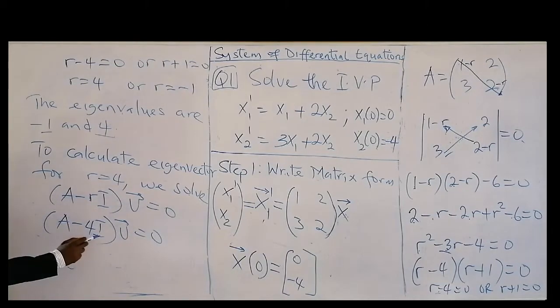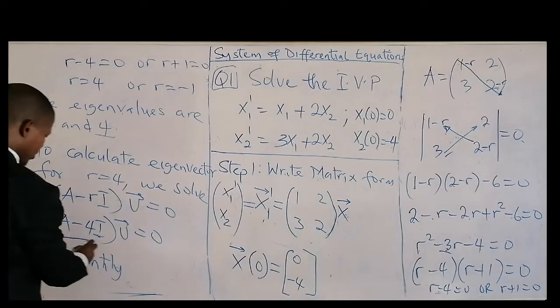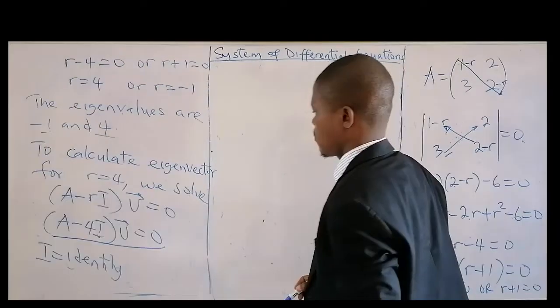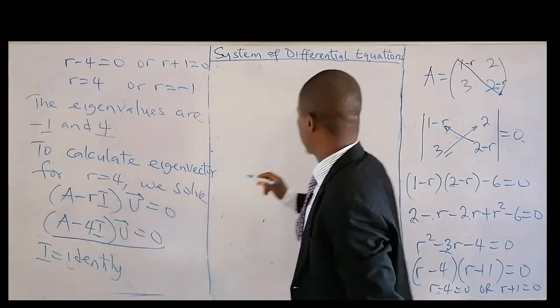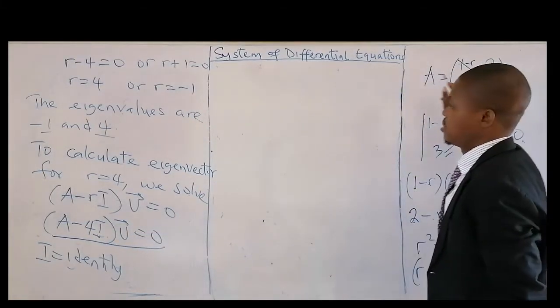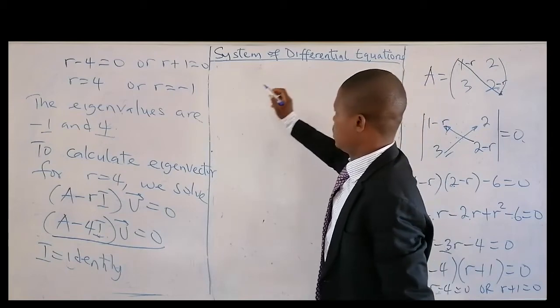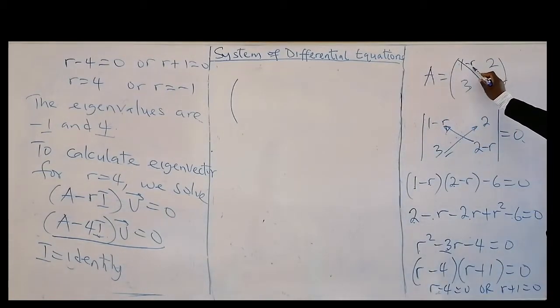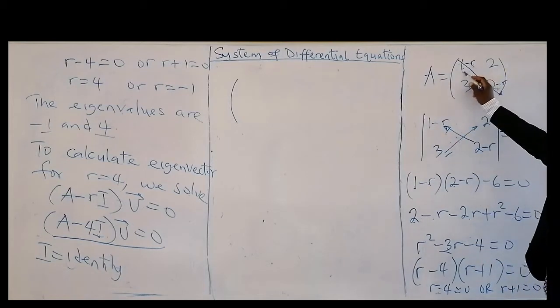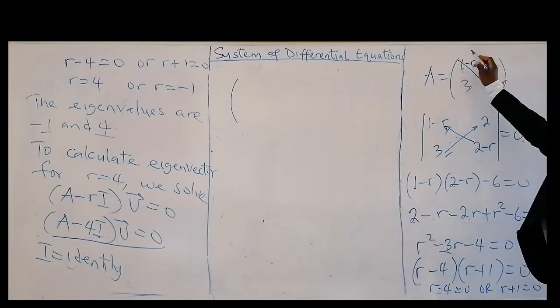I didn't even explain the meaning of this I. I is just the identity matrix. And what is the meaning of this expression? Come back to your matrix. That will be your main diagonal, 1 minus eigenvalue, 2 minus r. Just substitute the value of r there, and that will be 1 minus 4, that's minus 3 here.